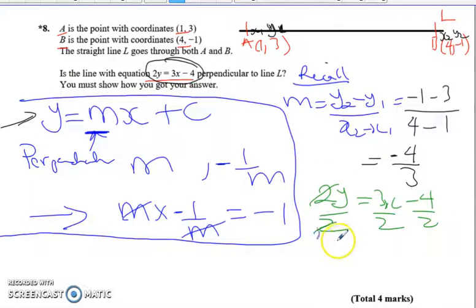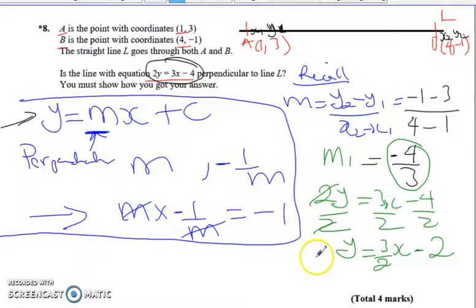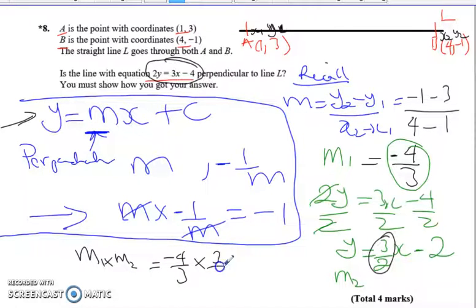That leaves us with y equals 3 over 2 x minus 2. Now we have both gradients. Let me call the first m1, and the gradient m2 for the next one, which is 3 over 2. Shall we try to find their product? So m1 times m2 equals -4 over 3 times 3 over 2.